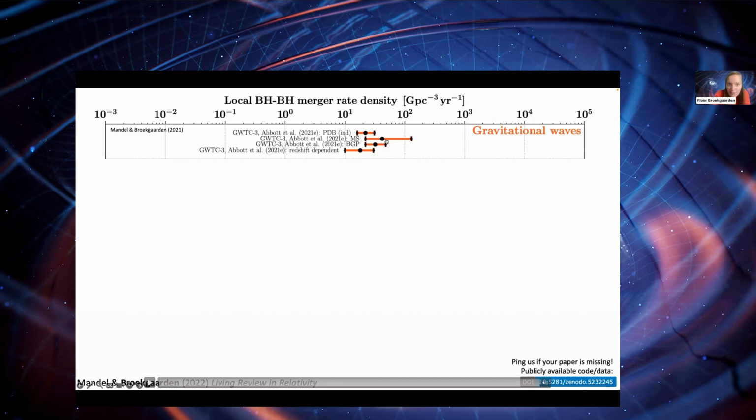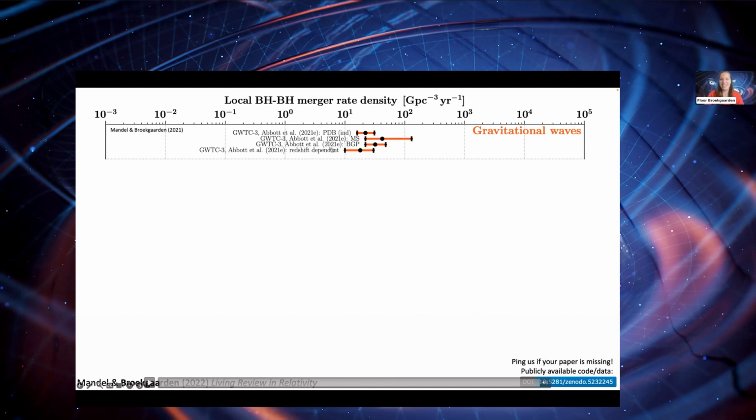They have 4 different estimates like shown here, with the median shown as a dot and then a line showing the interval. And these 4 different estimates are based on slightly different assumptions for the underlying mass distribution of those sources that slightly impact their expectations. But overall, you can see it lies somewhere between 10 and 100.